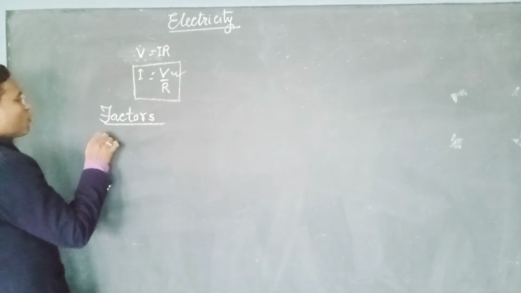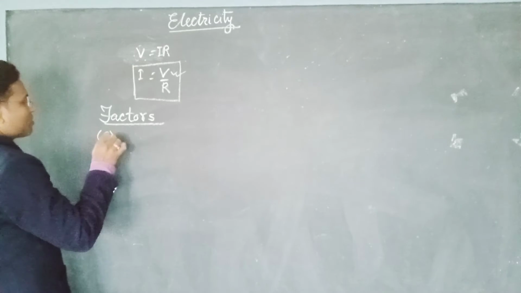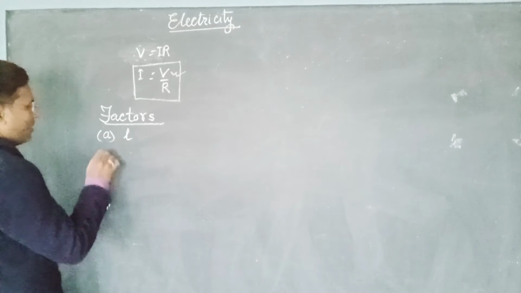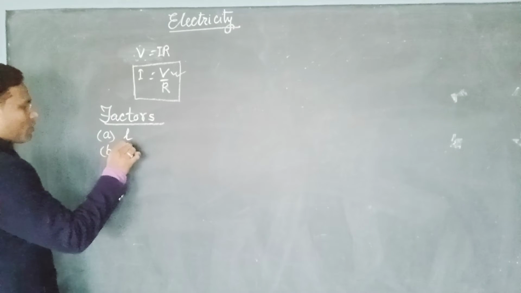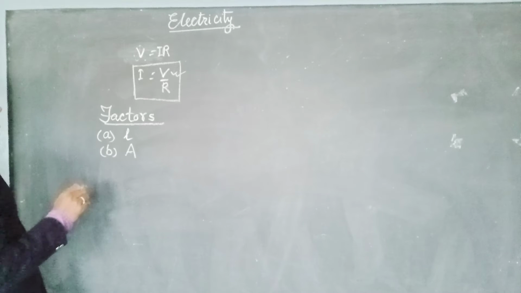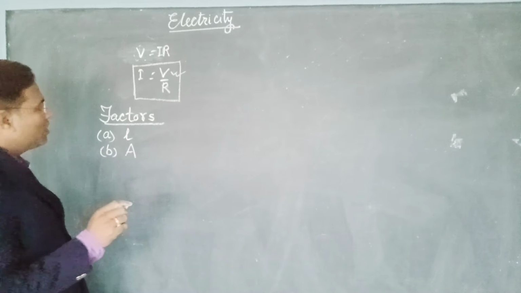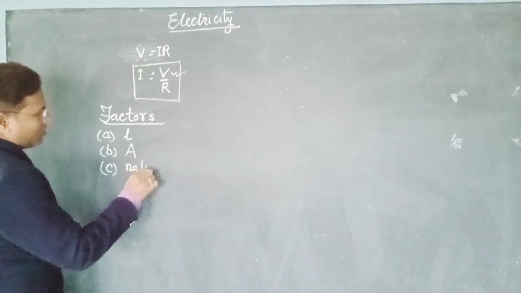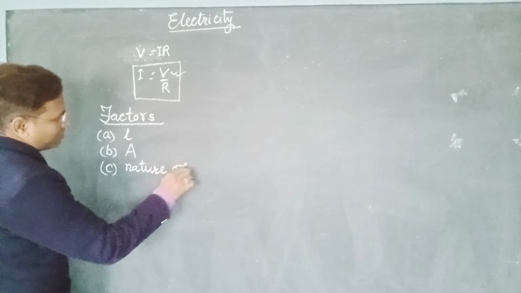There are mainly four factors we will see here. First we have the length of the wire, which we denote by L. Then we have the area of cross section of the wire, which we denote by A. The next one is the nature of the material, what type of material it is.